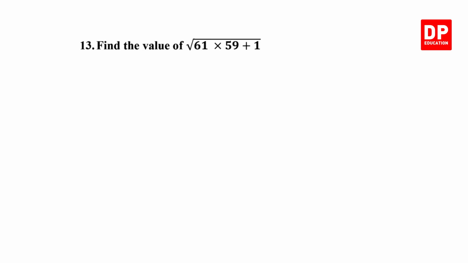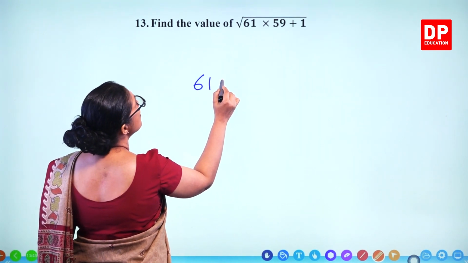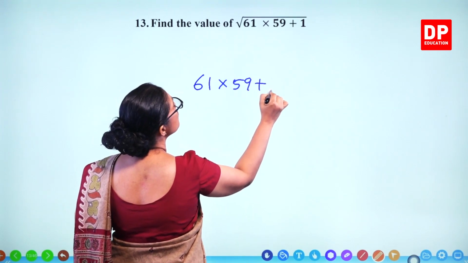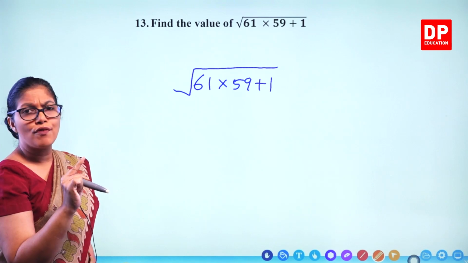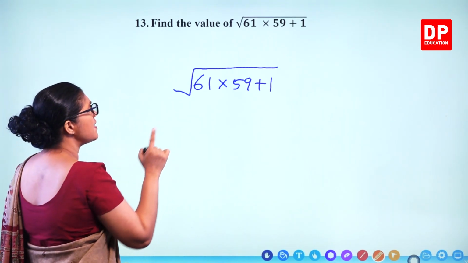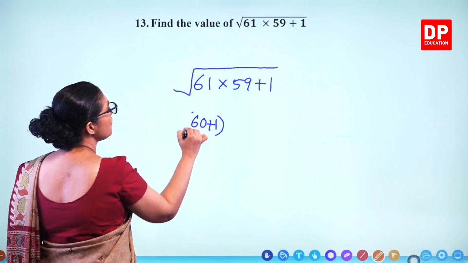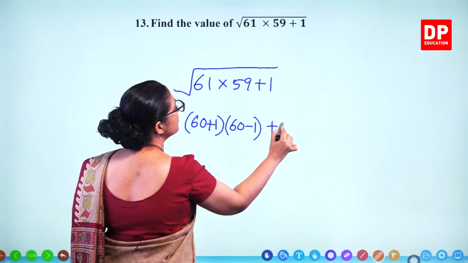Question number 13. Find the value of this. So square root of 21 into 59 plus 1, square root. So we have to rewrite this in terms of another number. So factor method is easy. 61 we can write 60 plus 1. 59, 60 minus 1. Can you see?